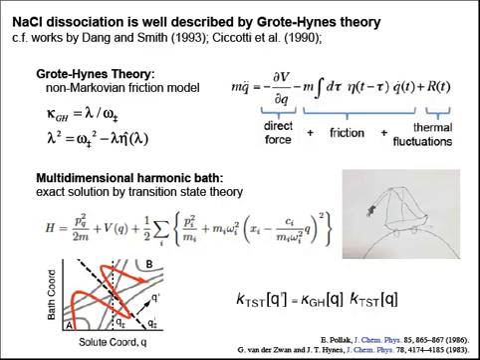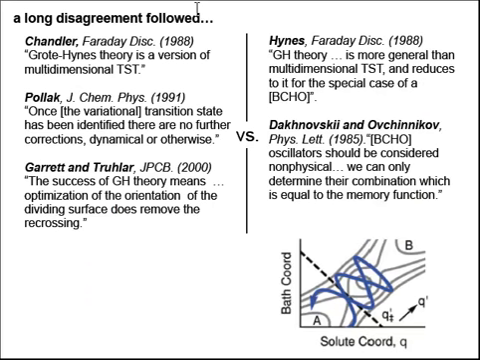So to the extent that people interpret the results and mechanisms suggested by Grote-Hynes theory as real, and certainly some people have done that, you could argue that either of those two interpretations are realistic. And so some disagreement has persisted in the literature about this point. Some very brilliant people have argued on both sides because there really are good arguments on both sides.